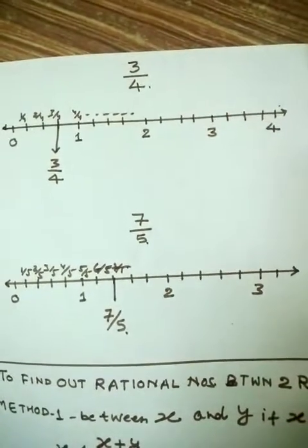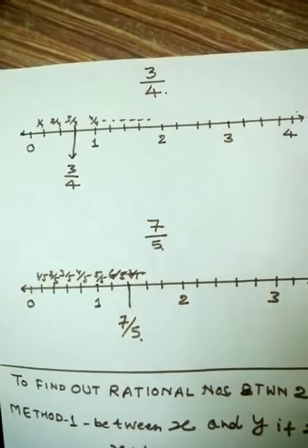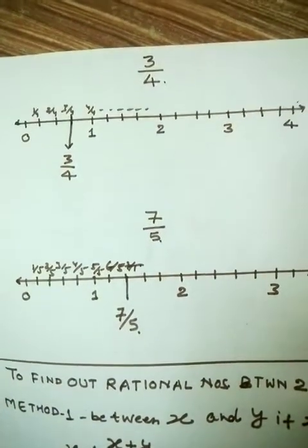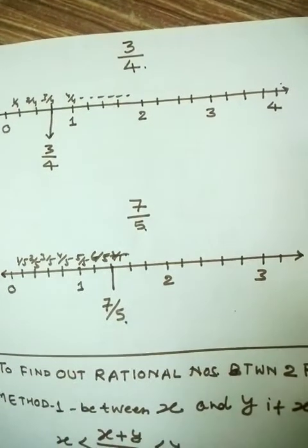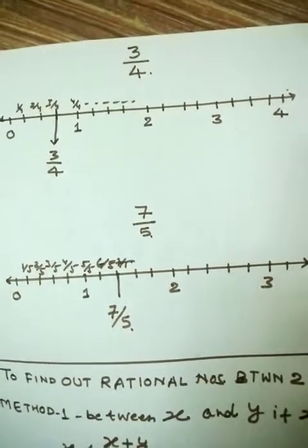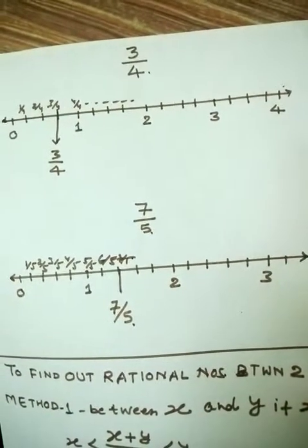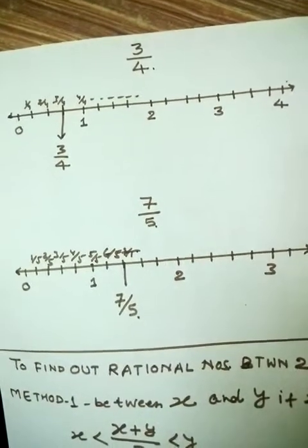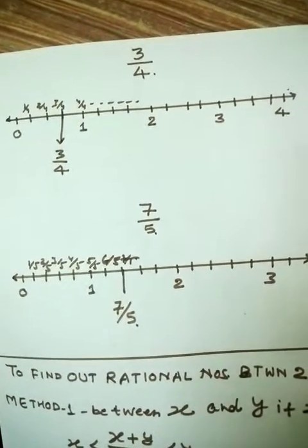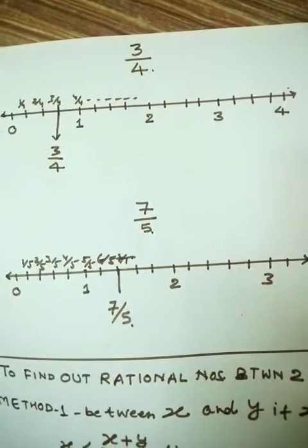Now, like this, if you are asked to draw a number line for an improper fraction, first of all we find out between which two whole numbers it will lie. Now we draw the number line and make sufficient space so that we can draw exact divisions of the numbers according to the denominator.